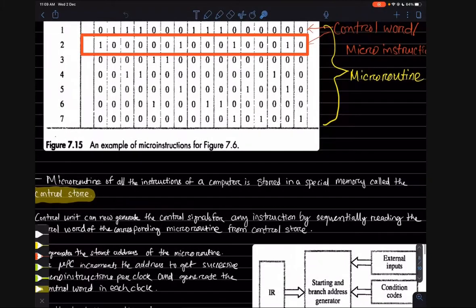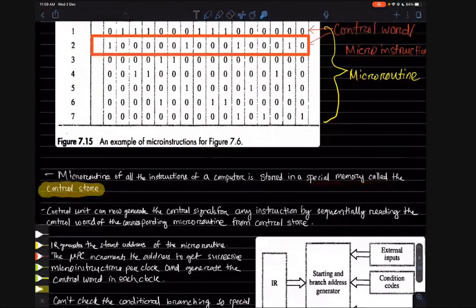So the micro routines of all the instructions are stored in a special memory called the control store. For all the types of instructions supported by the computer, there will be a micro routine for each instruction, and they will be stored in the control store.